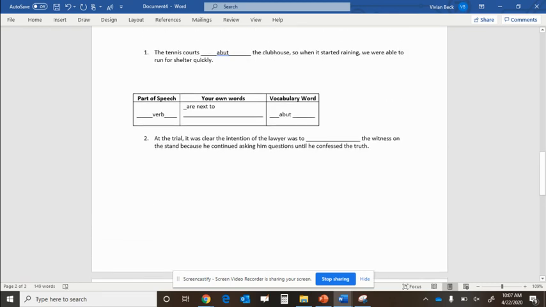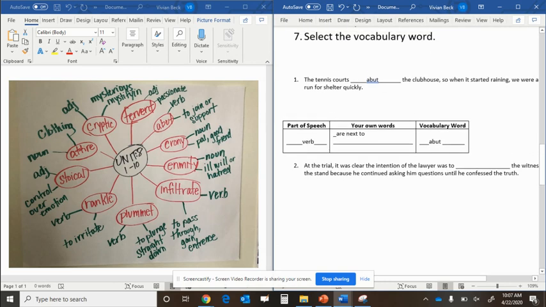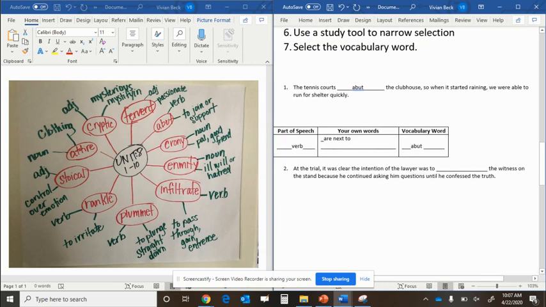Before we look at what we did, let's split the screen again. Okay, so number 2, at the trial, it was clear the intention of the lawyer was to blank the witness on the stand because he continued asking him questions until he confessed the truth. At the trial. So think about the connotation of a trial. There's usually tension.